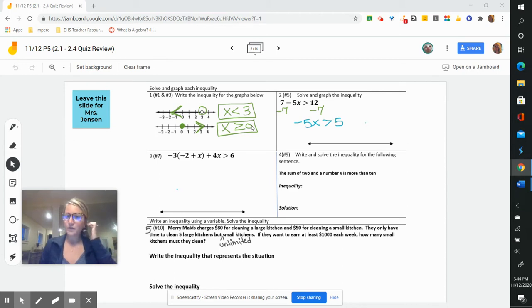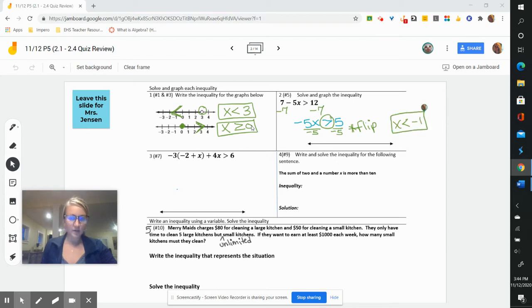Our next step, right now we are multiplying x times negative 5. So our last step would be to divide both sides by negative 5. And it's that step there. It's dividing both sides by a negative number that makes it so we have to flip the inequality symbol. So it was greater than, it's now going to be less than.